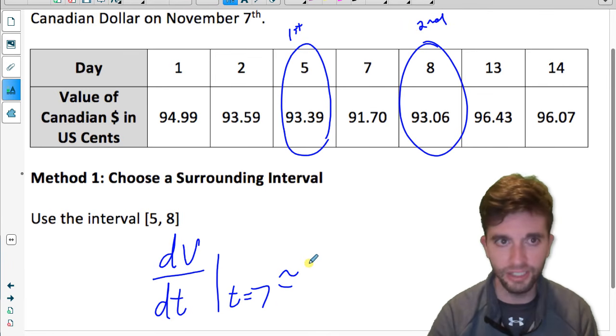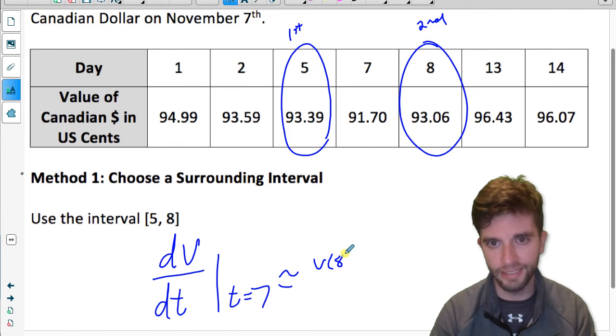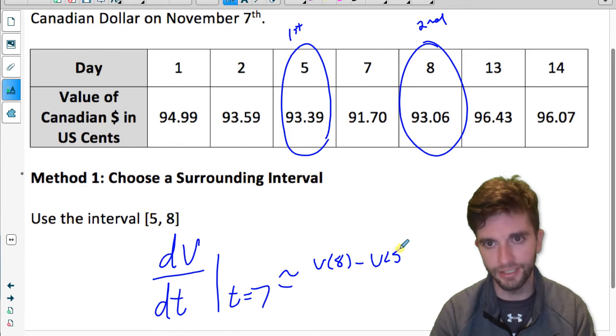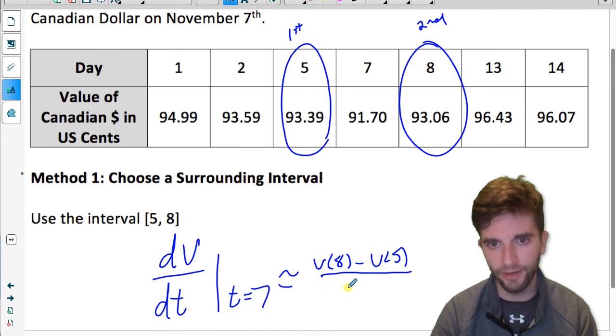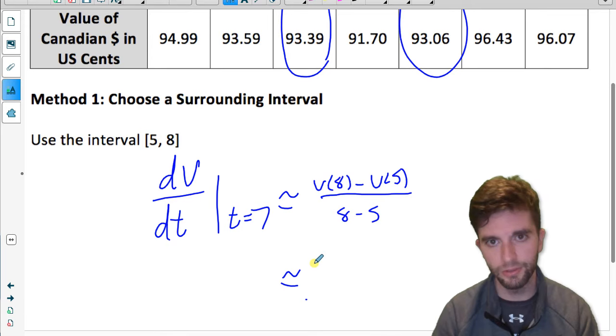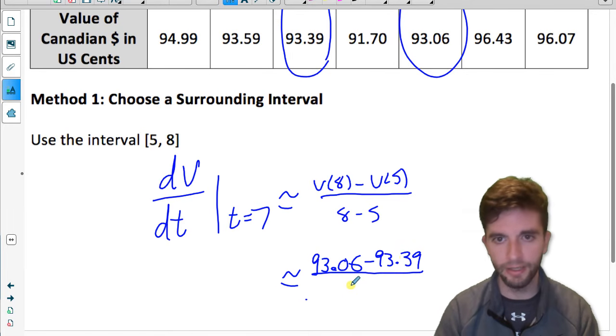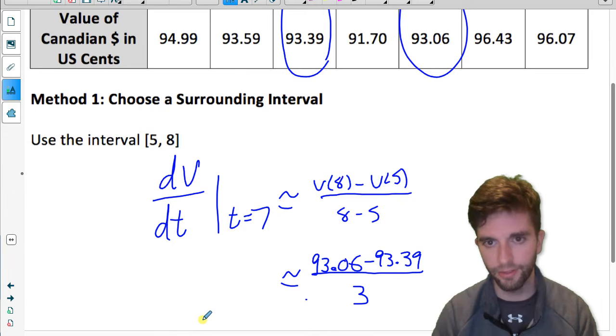So when I do my change in value over change in time, I'll do the value on day 8 minus the value on day 5 divided by 8 minus 5. So this would be equal to 93.06 minus 93.39 divided by 8 minus 5, which is 3.